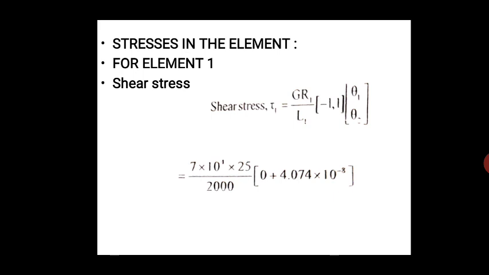Substituting theta 2 as 4.07 into 10 raised to minus 8 and solving, we have the shear stress tau 1 is equal to 3.564 into 10 raised to minus 5 Newton per mm square, or 35.64 Newton per meter square. This is the shear stress for the first element.